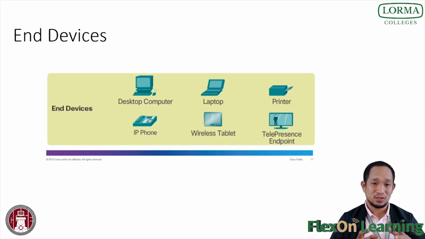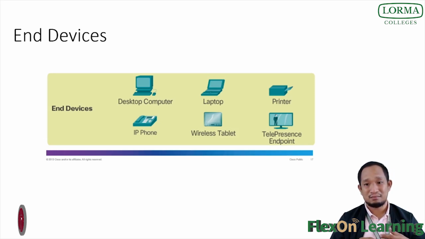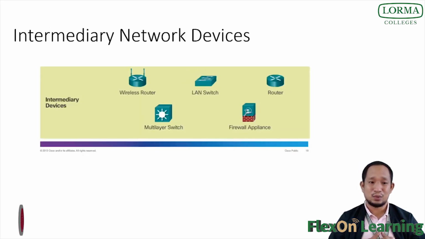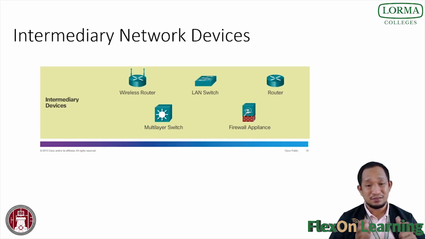And in order for these end devices to communicate, we have our intermediary network devices. Intermediary network devices are the things that make our end devices communicate. Remember, end devices are the ones we use, the ones we interact with. Intermediary network devices pass information or data or requests from one node to another.